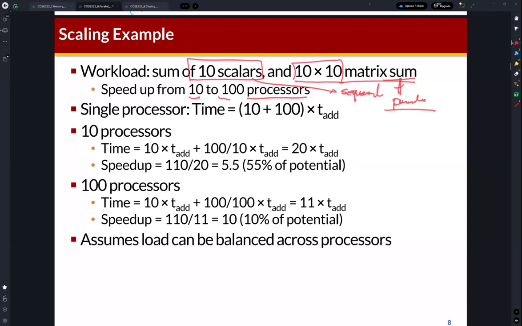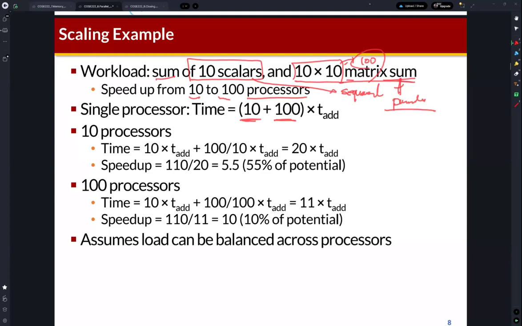This is a matrix sum. A 10 by 10 matrix includes 100 elements. So using a single processor, the execution time is 10 scalar sums and 100 matrix sums.